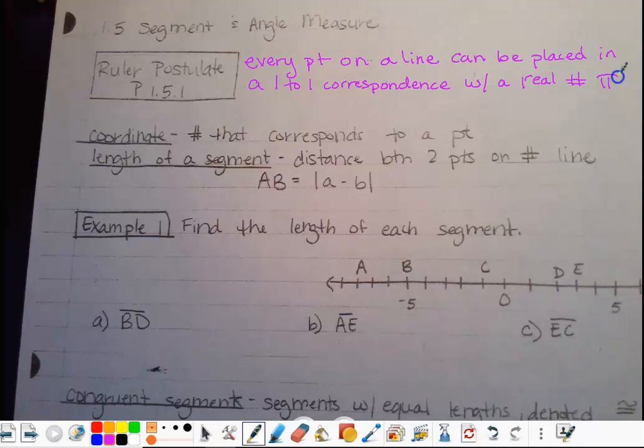And I'm going to write this symbol there for a real number.